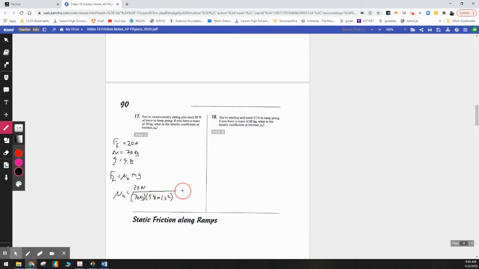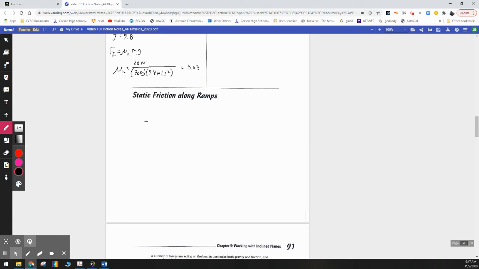All right, so let's do this calculation. It's 20 divided by 70 times 9.8, and I should have 0.03. So I'm cross-country skiing, and this answer does make sense. We'll let you do number 18 on Edpuzzle.